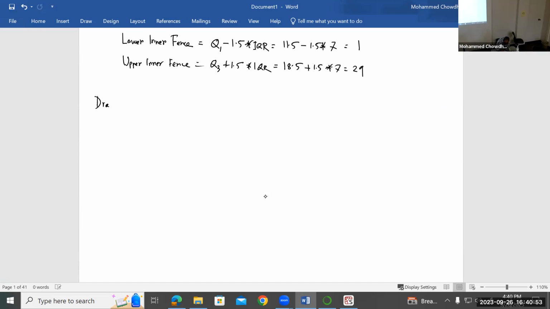Draw a line, or whisker, to the maximum of the data within the upper inner fence.